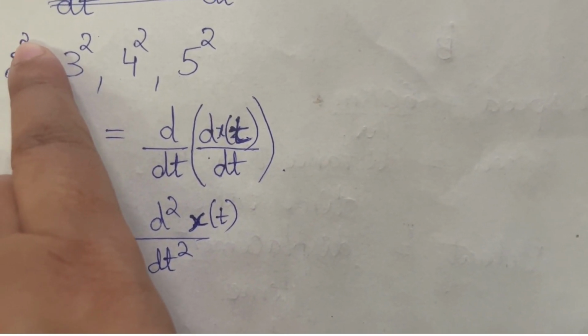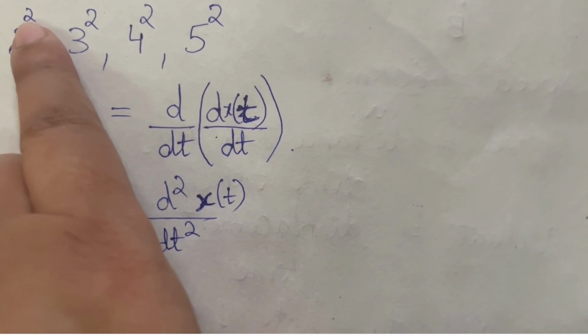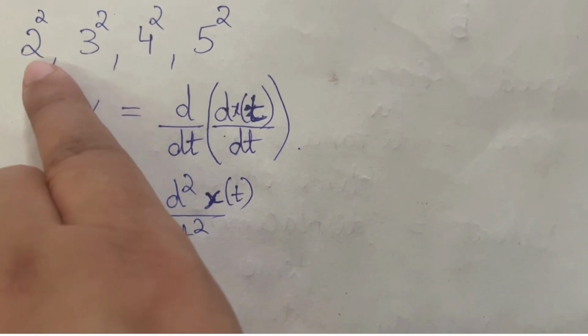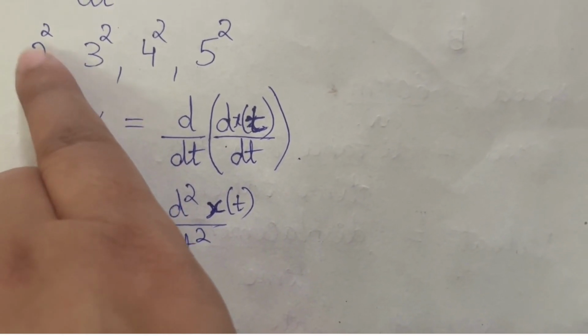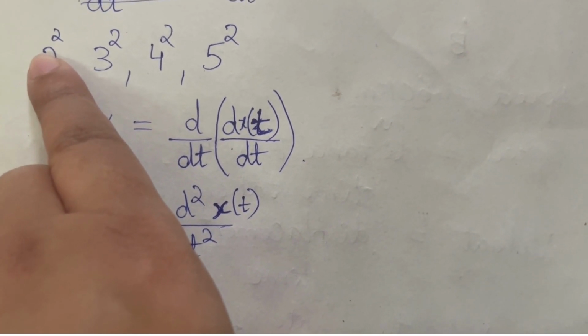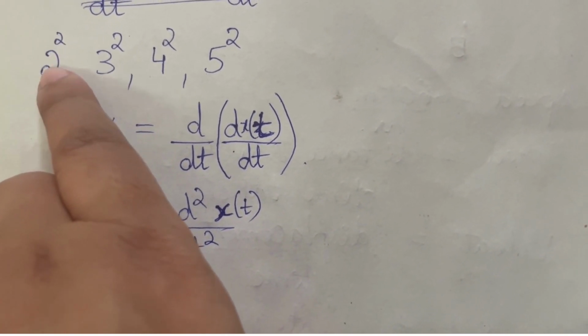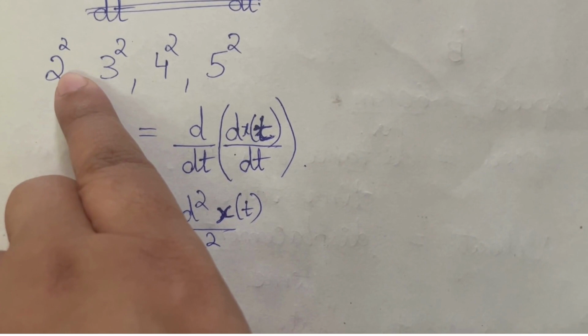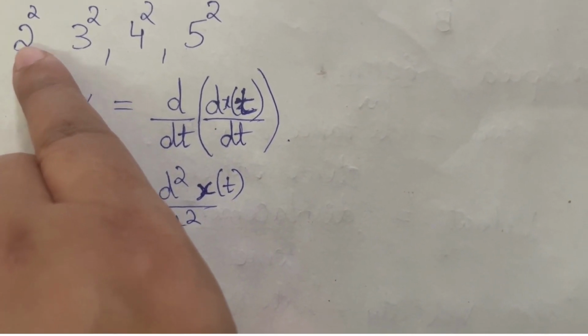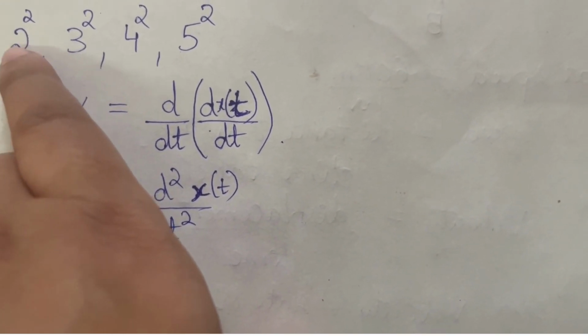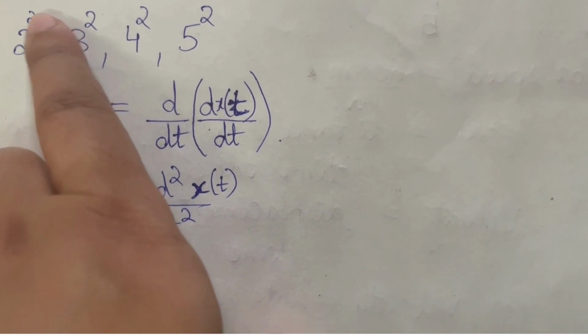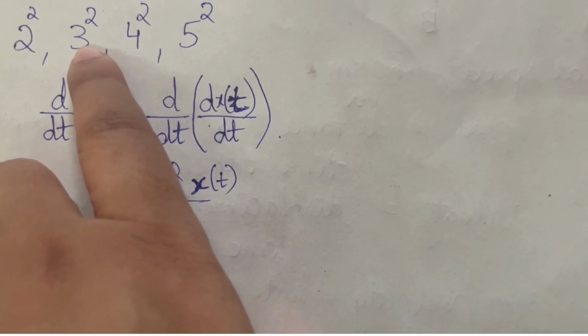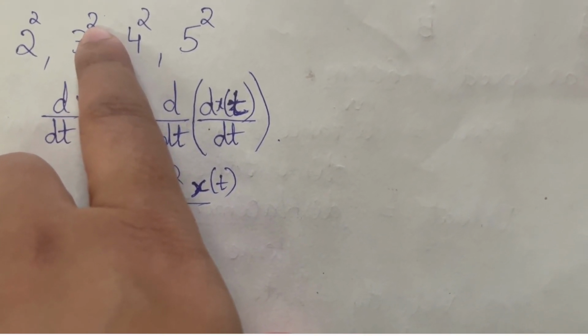You know what is this one? Whenever we have 2 written at the top in small, we call it square. That is this bottom number multiplied by itself. So this is 2 into 2. You know tables, so you know that 2 into 2 is 4 or 2 square is 4. Here bottom number is 3 and here it says 2 times.